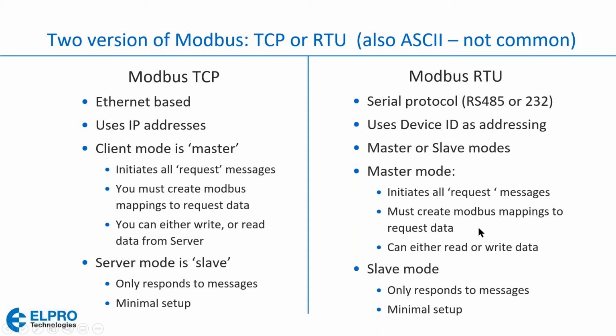You have to specify what registers and what register type. And we're going to jump into all that in a couple of minutes here. The Modbus request messages can be either read or write, and that just determines the direction or the flow of data. Is the data flowing into your device, or is it flowing out of your device? And I'll show you some examples of that in a few minutes here.